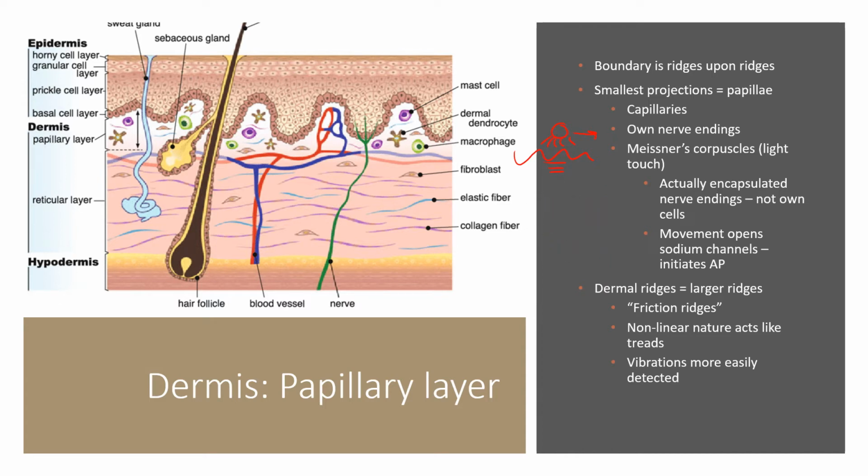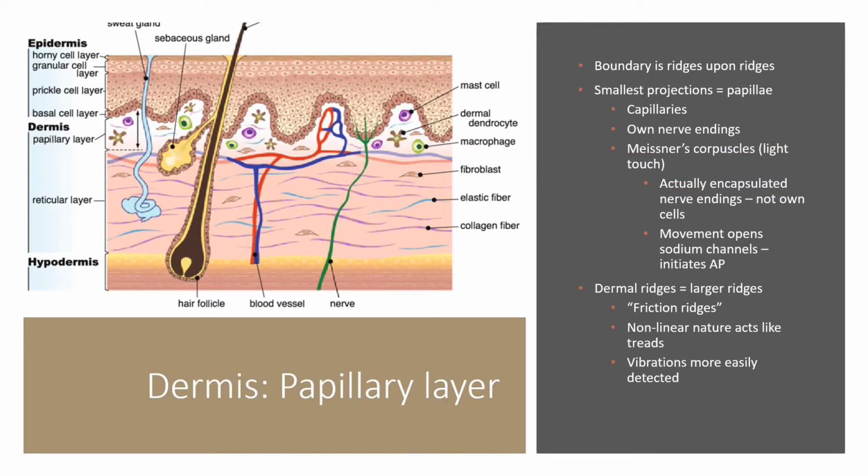We'll go more into what that means, the sodium channel stuff and opening and closing channels by movement or pressure or whatever, when we get to the nervous system. But for the time being, appreciate, please, that the light touch nerve endings are called Meissner's corpuscles, and unlike Merkel cells, they are their own encapsulated nerve endings that, when they pick up sensation, will physically open and close channels.